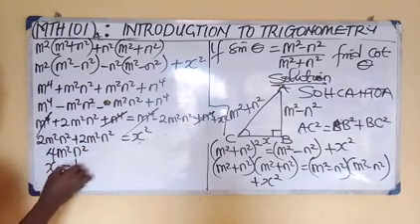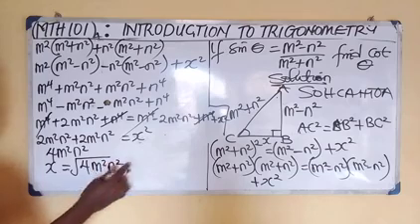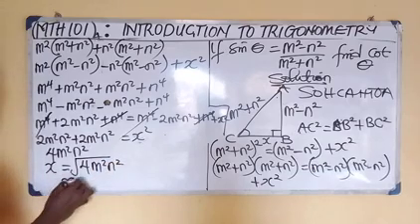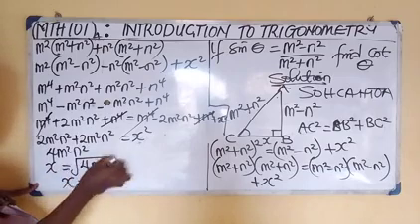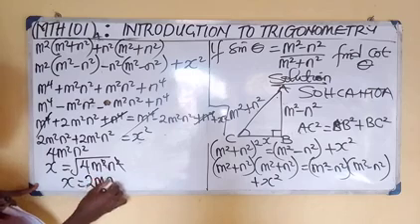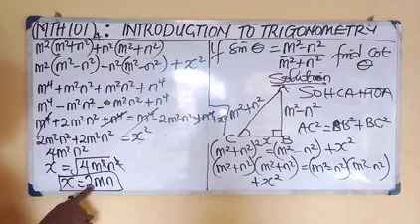X becomes the square root of 4M squared N squared. Right? So X becomes the square root of 4, which is 2. These two cancel out this and this. I'll now be having MN. Alright, so the value of X is what? 2MN. Is that the final answer?